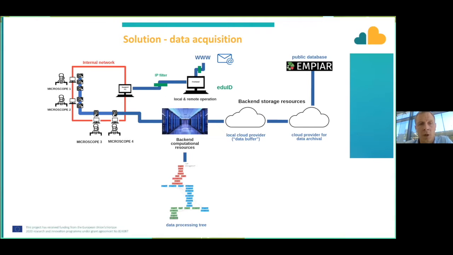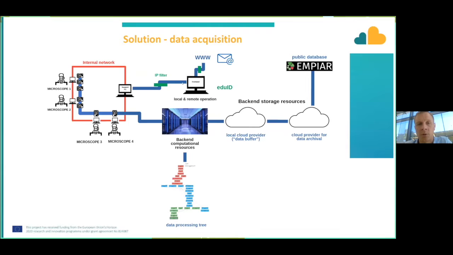So what we use is that we take advantage of the instrument in that internal network and connect it to a server running remotely that allows us to submit the jobs either directly from the microscopes or remotely from the back.